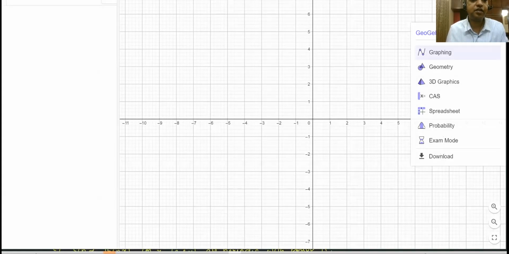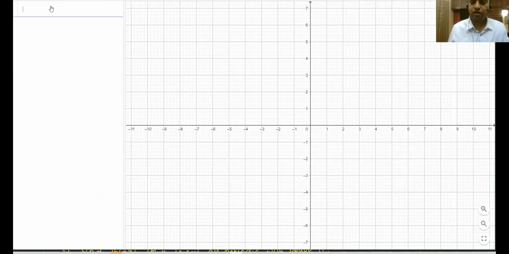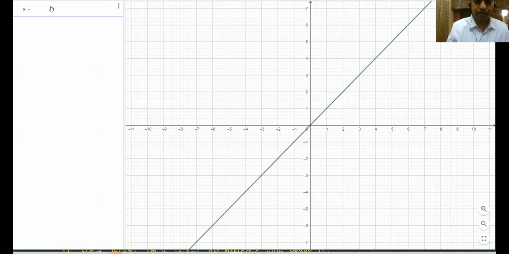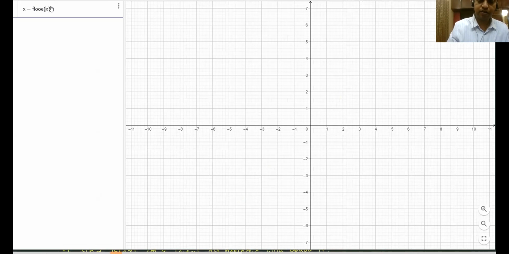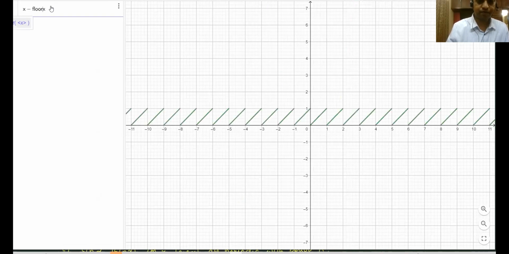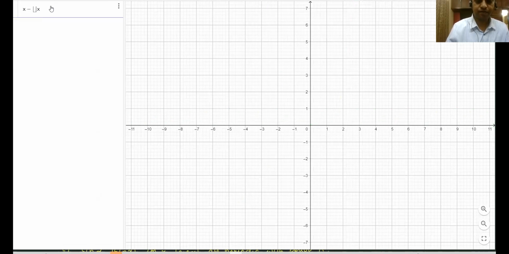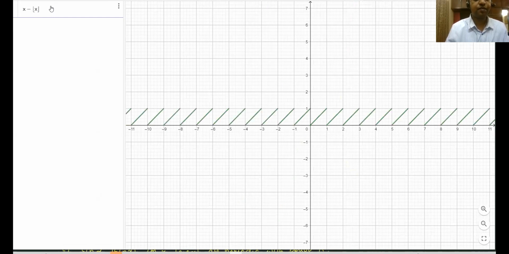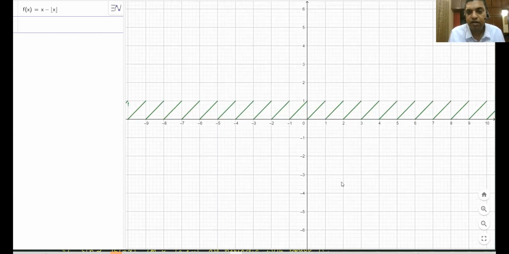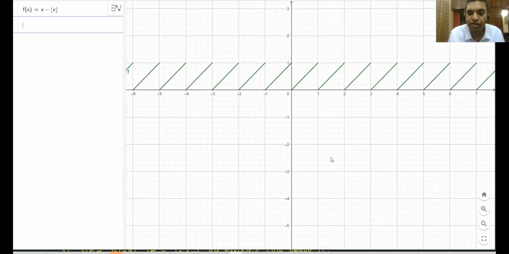So here you see, I'm plotting x minus floor of x. So this is the fractional part function. You can see its graph. I'll explain this particular function in detail.